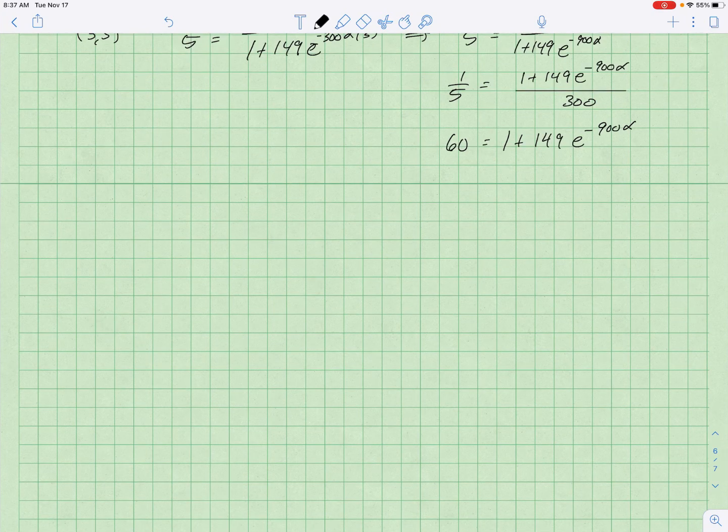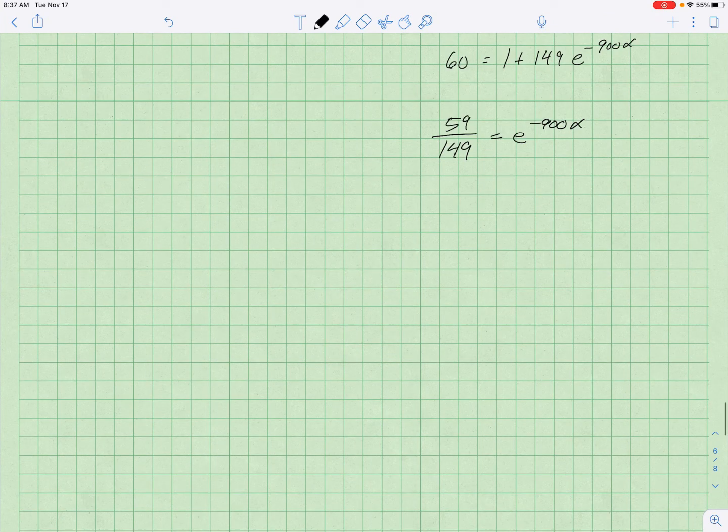We'll subtract 1 and divide by 149. This is 59 over 149 is equal to e to the negative 900 alpha. That means then that the natural log of 59 over 149 divided by negative 900 is what alpha is worth.